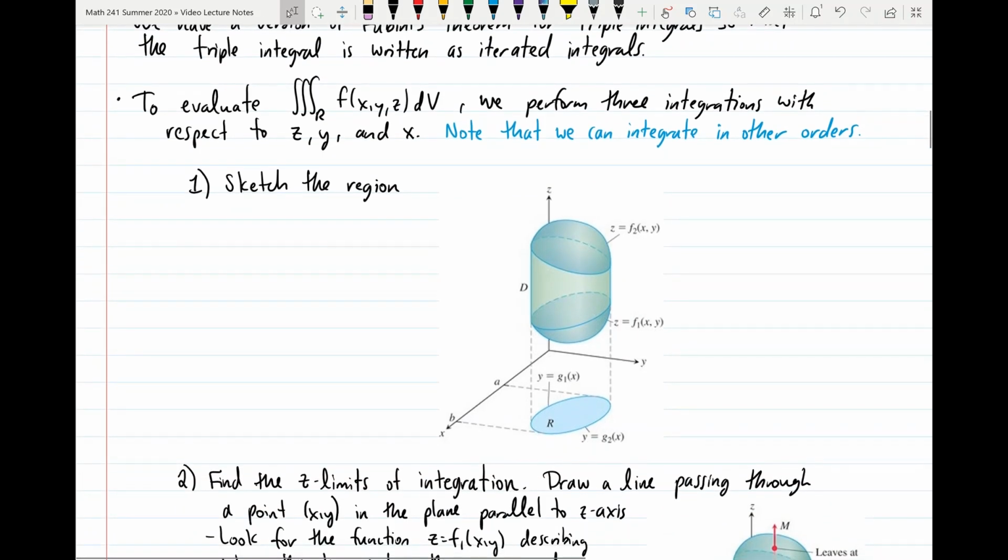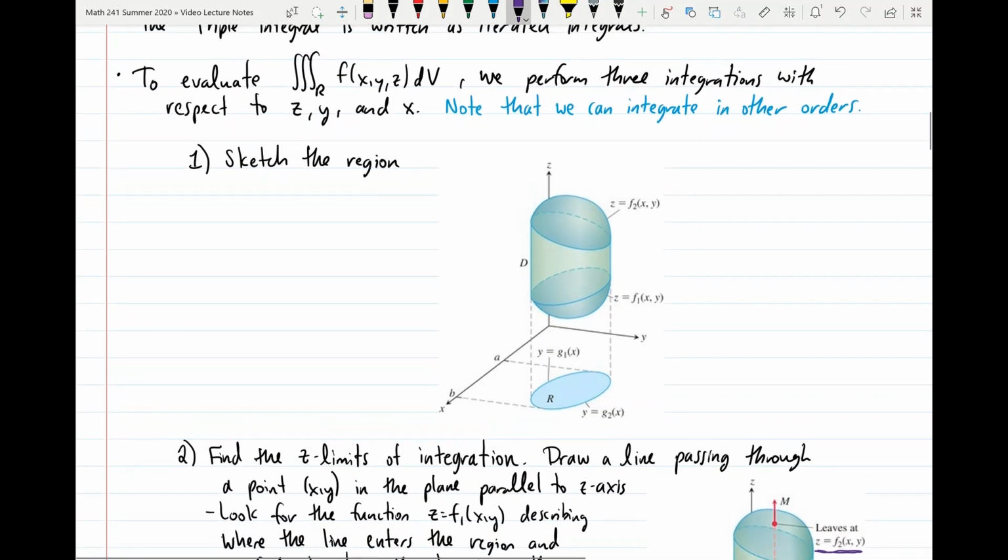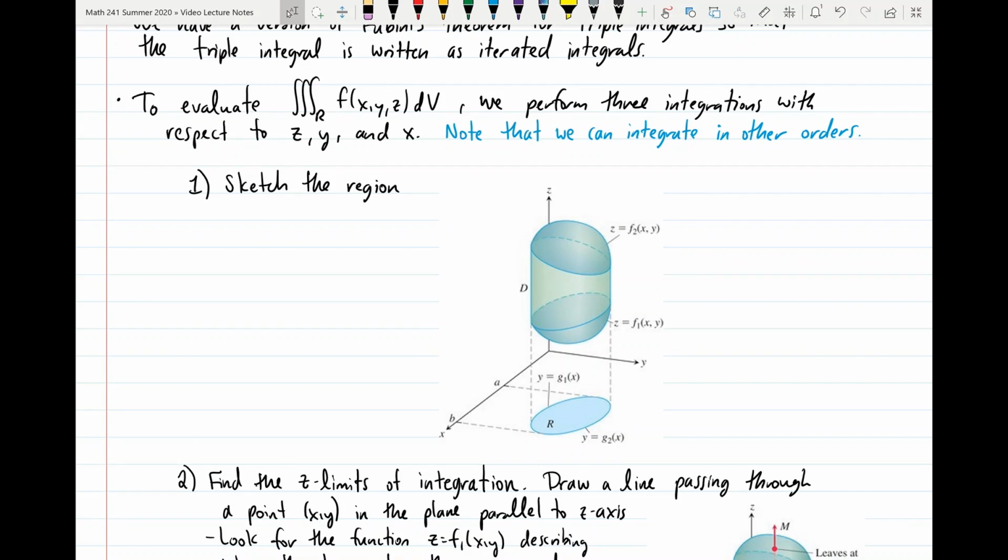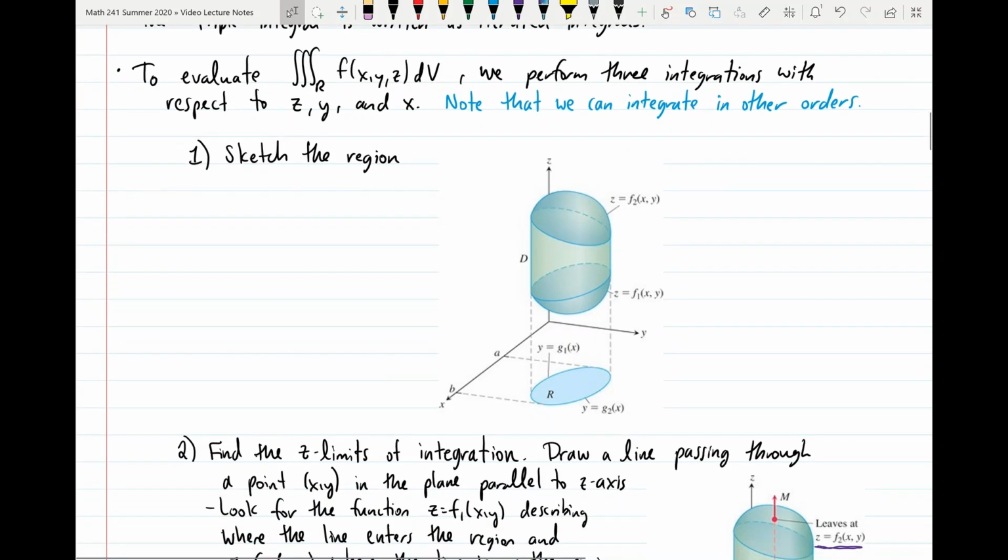I should also say that most of the time when the book talks about a 3-dimensional object in space, it calls that region D, and it calls a region in the plane R. So that's why you have the 3-dimensional object in space here labeled as D inside of the diagram. But the first step, whenever we have a problem like this, is to sketch the region that we're talking about in 3 space. And so we have a sketch of the region here.